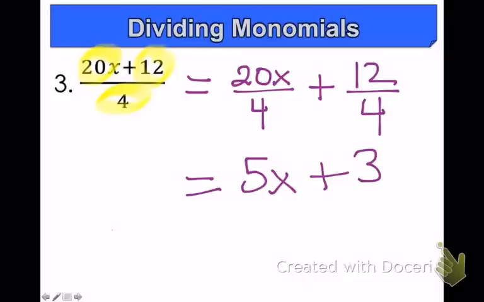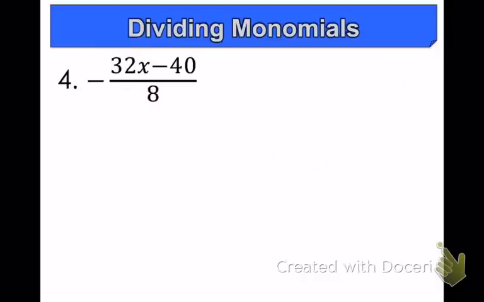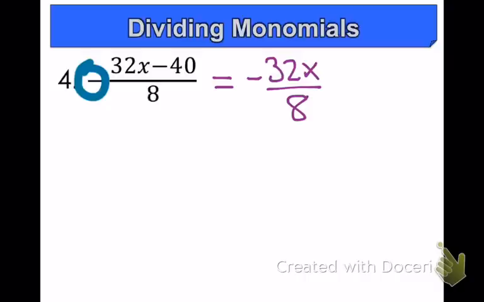It's going to be the same thing. This next one, they're both getting divided by 8. So here we have negative 32x divided by 8. And that same negative gets distributed to the other one.